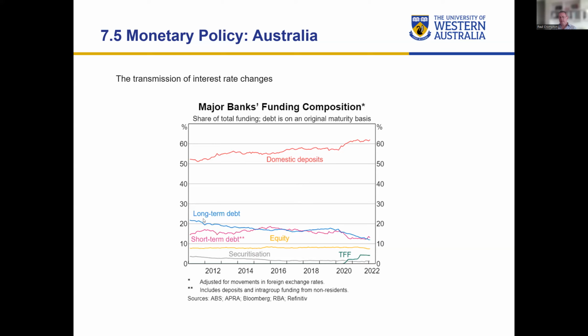But what's going to be happening to long-term debt when the cash rate is cut by 1%? Well, historically, it might drop by 0.4, 0.5 of 1%. At other times, the interest rate on long-term debt may actually go up. But let's just assume that the interest rates on long-term debt drop by 0.4.